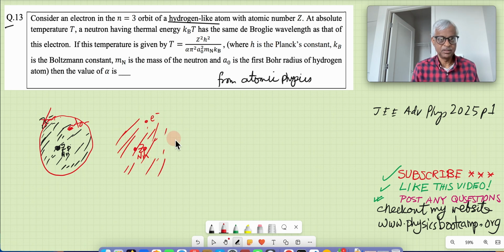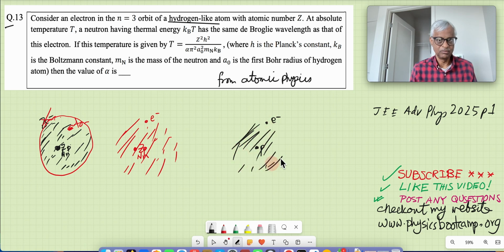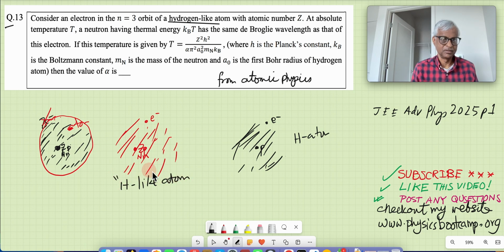So if you set up the equation for this electron, it will look the same as what you have with one proton and one electron. This is the hydrogen atom. So this is a hydrogen-like atom: a one-electron system with a different number of protons.